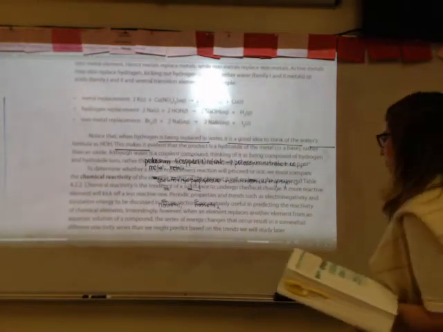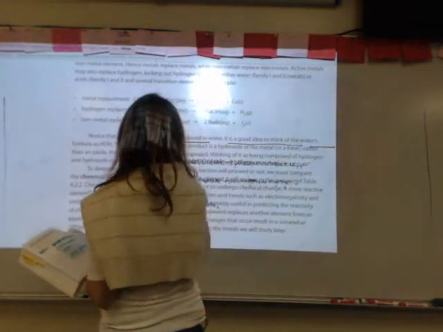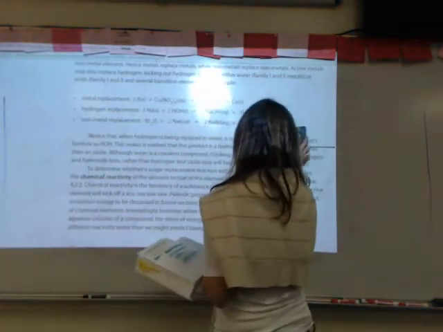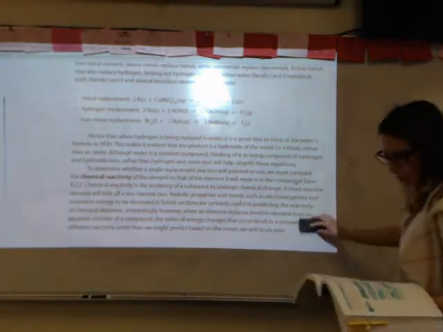Now, in order to figure out whether a single replacement reaction will happen or not, we have to look at the chemical reactivity of the elements that are being replaced. The more reactive element will always kick off a less reactive one.